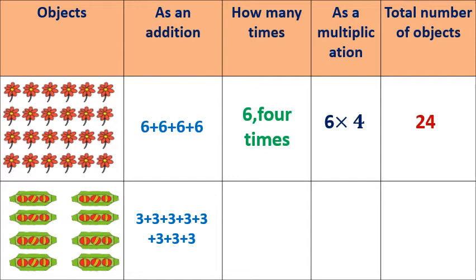Now how will we write? 3 8 times. In the multiplication form we will write 3 8s or 3 multiplied by 8. 3 8s are 24. Isn't it? Means there are 24 balls in 8 boxes and each box has 3 balls.